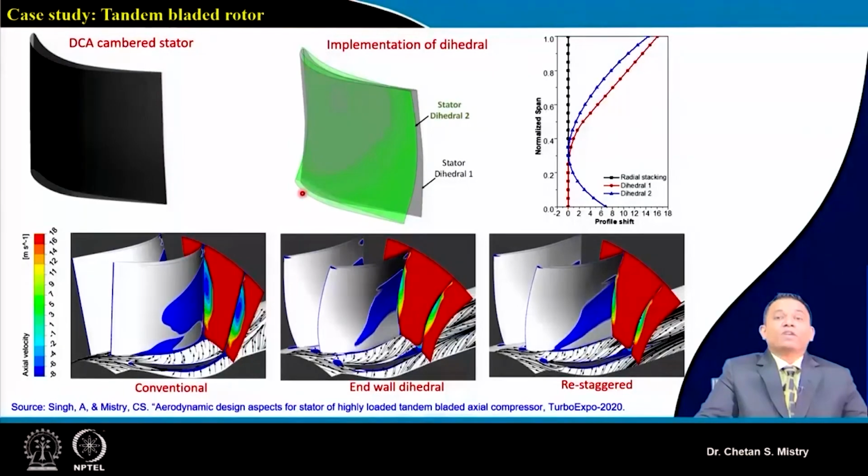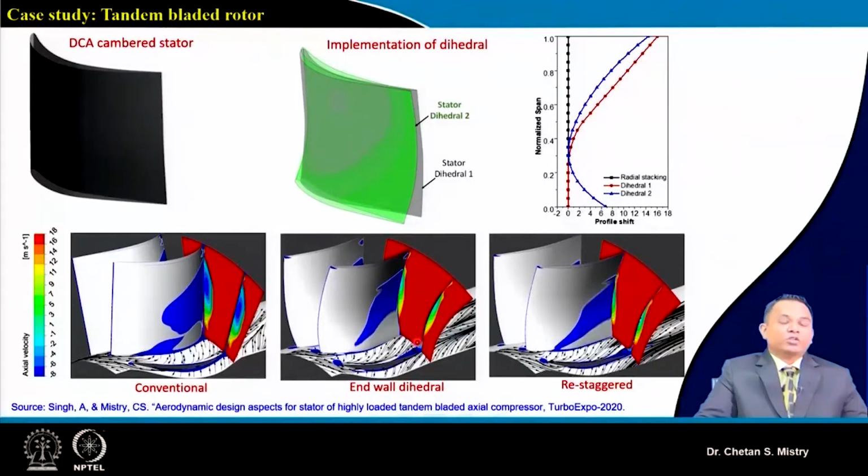Now these are the modifications we have done in order to achieve what we are looking for in terms of total pressure rise. So this is what was initially designed, the conventional stator, where we are having losses. Later on it was modified with end wall dihedral. So you can understand this is a three-dimensional stator, and our computational tool is helping us in order to modify the design.